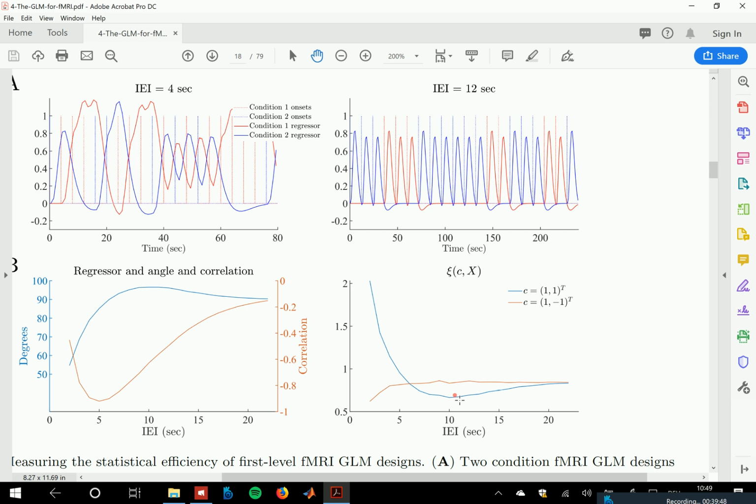So something about 6 seconds between events is definitely a good idea. That's a rule of thumb, but if you have a given design, you can of course go much more into detail in terms of optimizing.